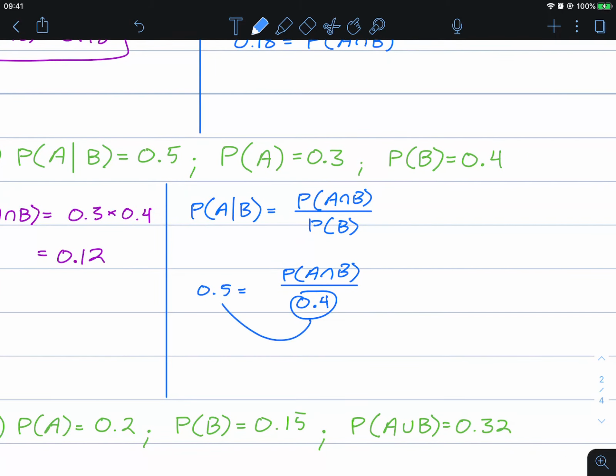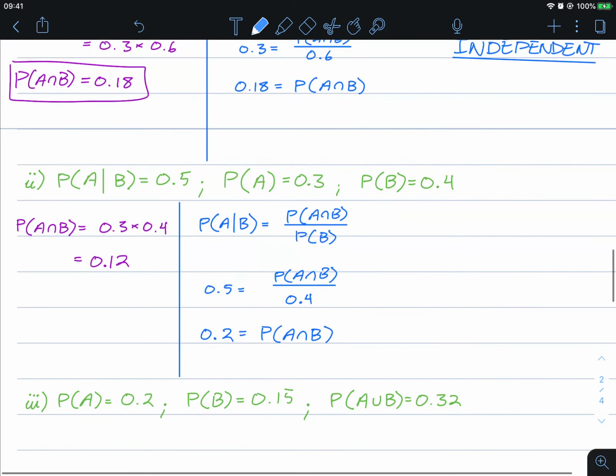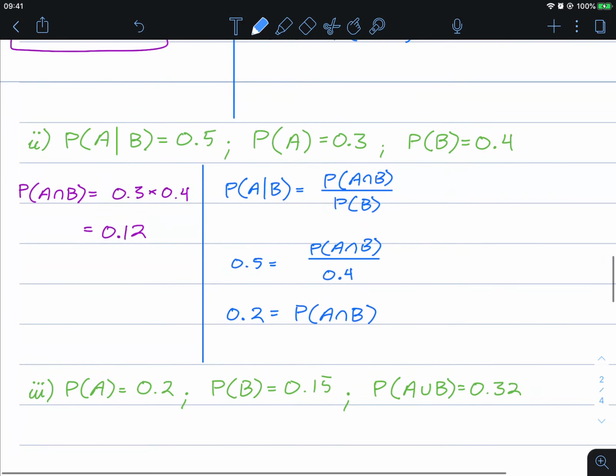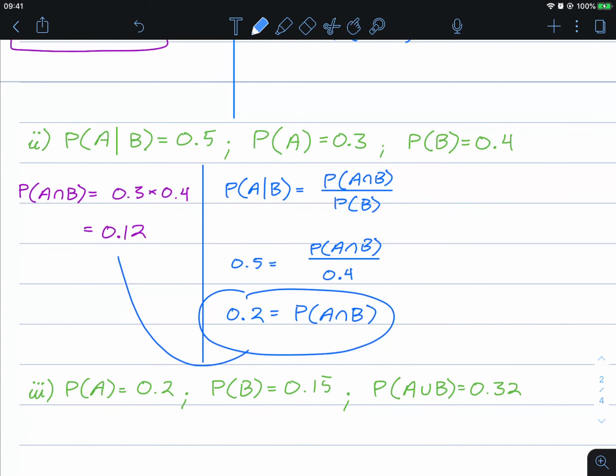Multiplying 0.4 to this side, we get 0.2 equals the probability of A intersect B. Notice how in this particular example, by working with what we've been given, this does not equal 0.12.